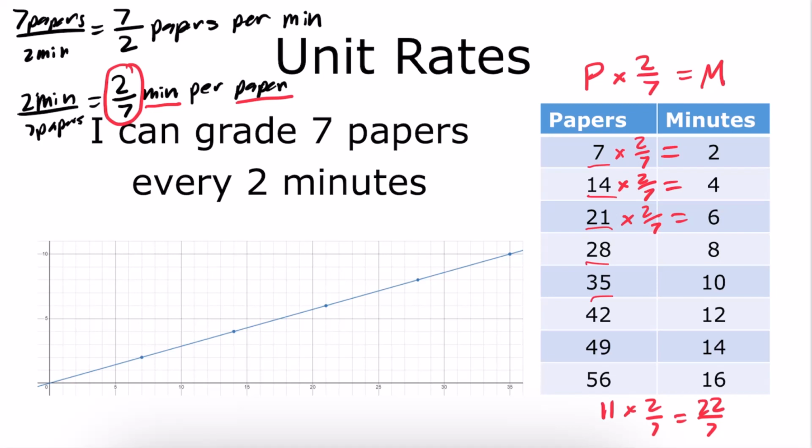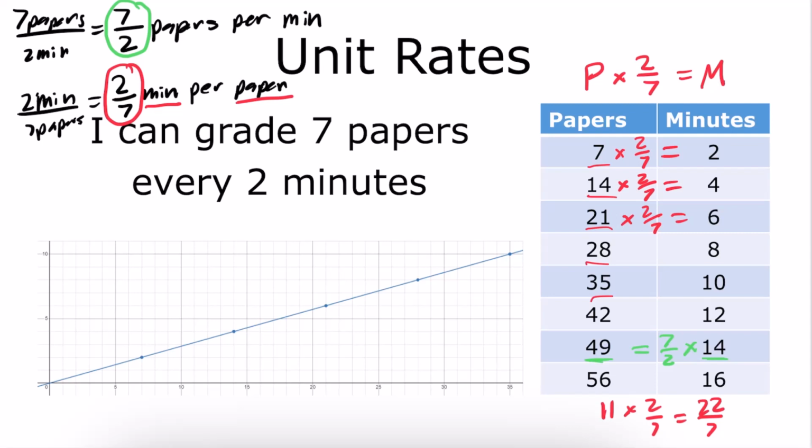So this would be one equation that represents this proportional relationship. You could also do it in the opposite order, though, because if I multiply 14 by 7/2, that tells me how many papers I can grade in 14 minutes. And that's using this ratio here, or this unit rate, because this one is telling me that I can grade 7/2 papers per minute. And so if I take the number of minutes and I multiply by 7/2, that will tell me the number of papers.